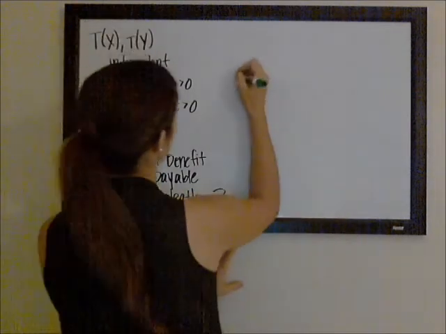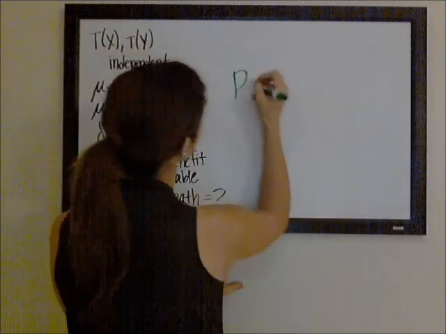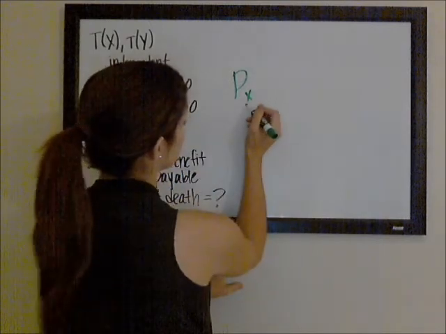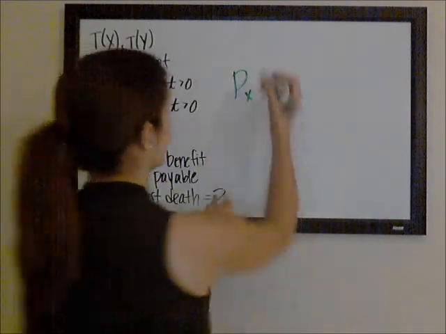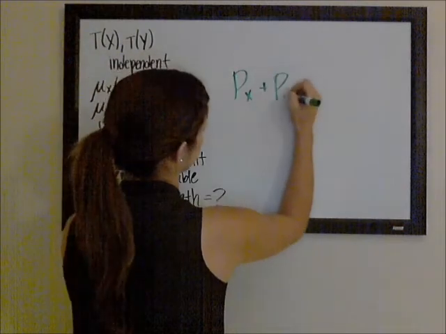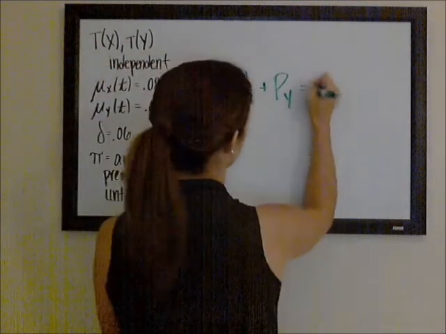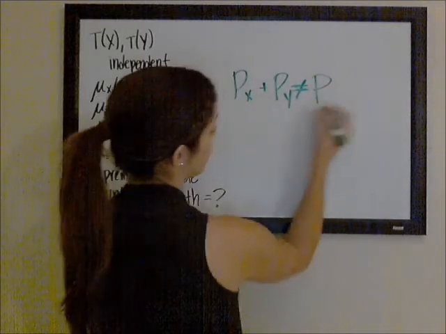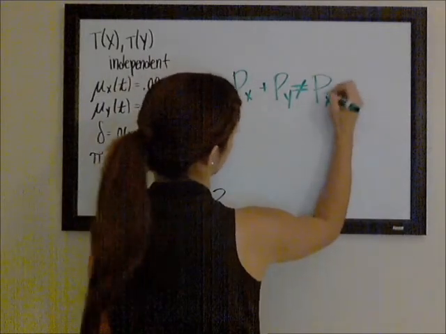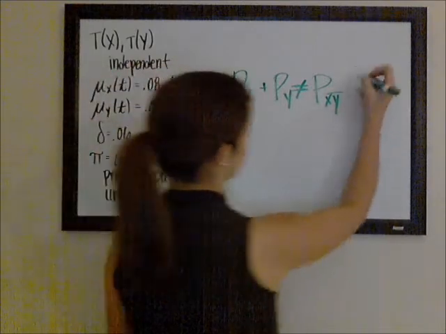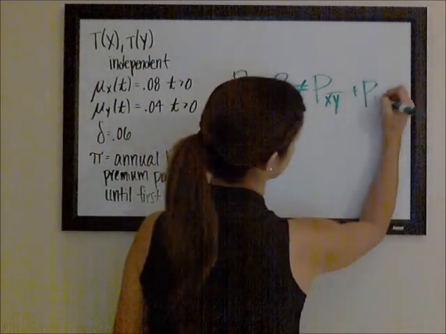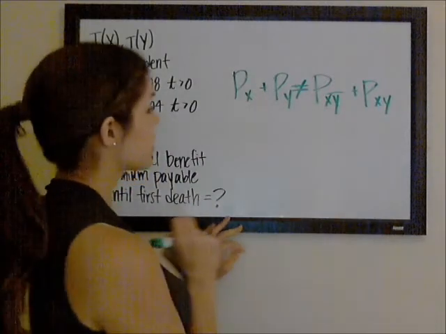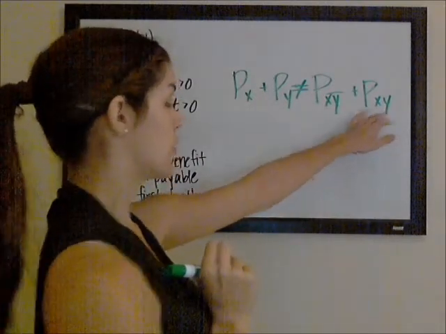So, for example, the benefit premium for an insurance on an X-year-old plus the benefit premium for insurance on a Y-year-old is not going to equal the benefit premium for an insurance on a last survivor status plus an insurance on a joint status.